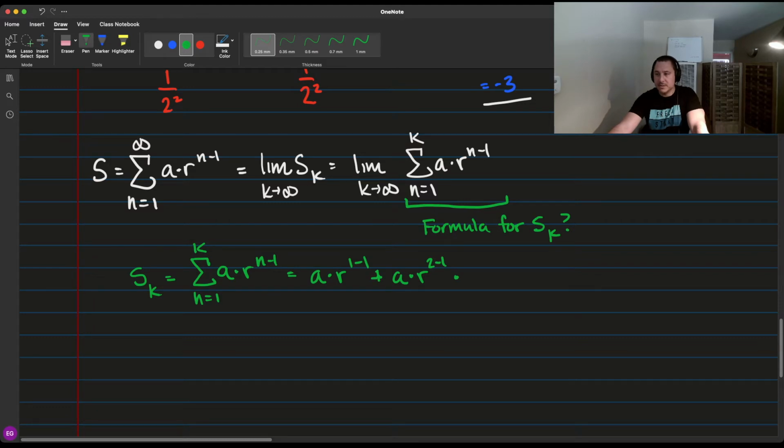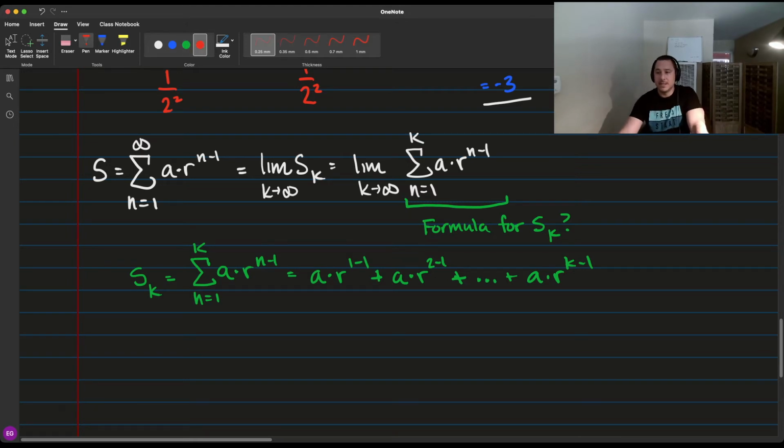Forgot to put the plus. Dot, dot, dot. What's my last term look like? a r to the k minus 1. You see I plugged in n equals 1, n equals 2, dot, dot, dot, n equals k.